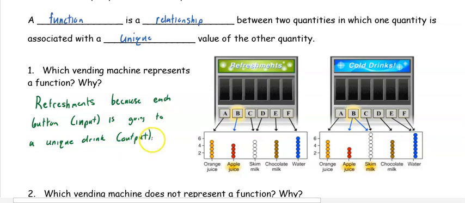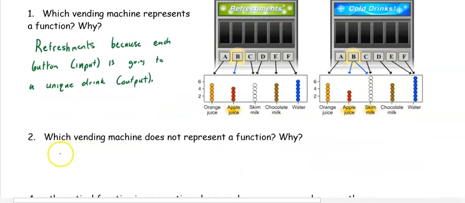So when I push button A, I know what drink I'm getting. If I push button B, I know what drink I am getting. So it's going to be a function, which means that cold drinks is not a function because button B has two output drinks.